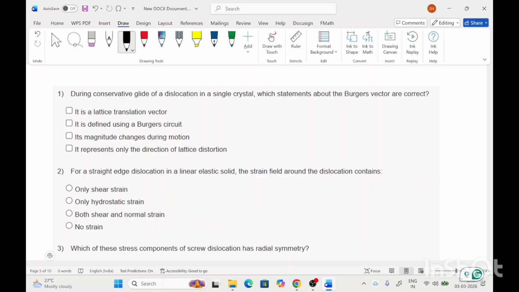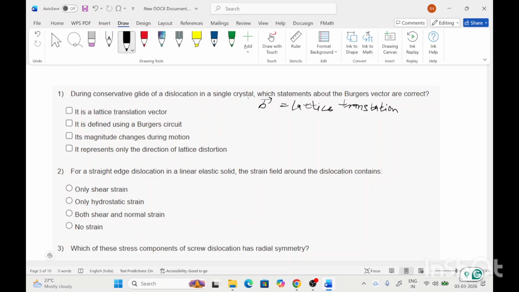So for a single crystal, if a conservative glide is happening, first thing is that the Burgers vector, in a single crystal all atoms are arranged in a sequence. So the Burgers vector will be equal to lattice translation, means from one atom to another atom.